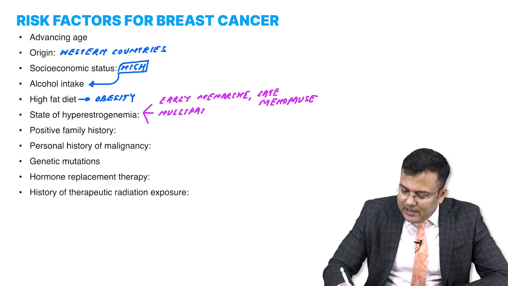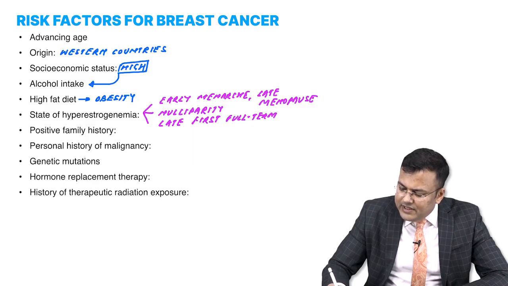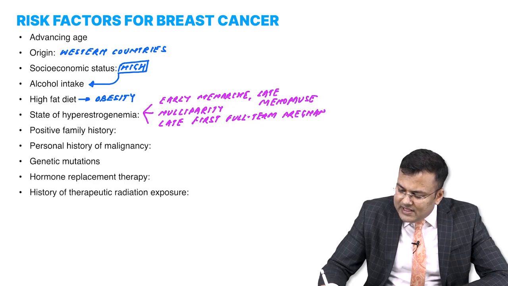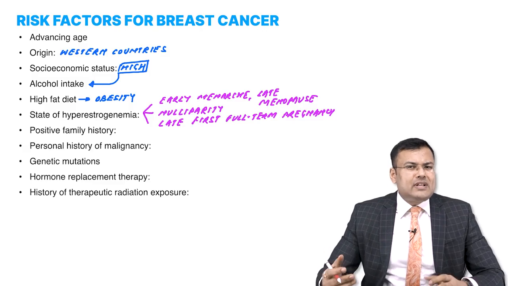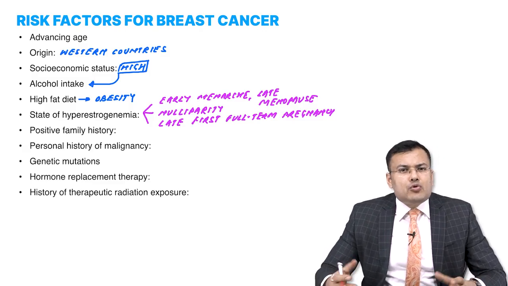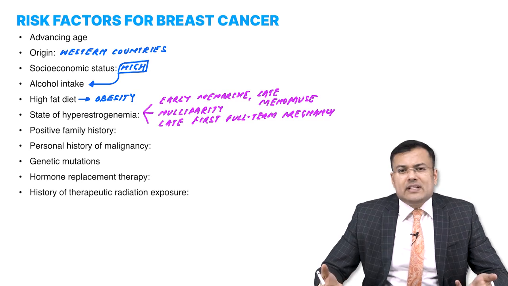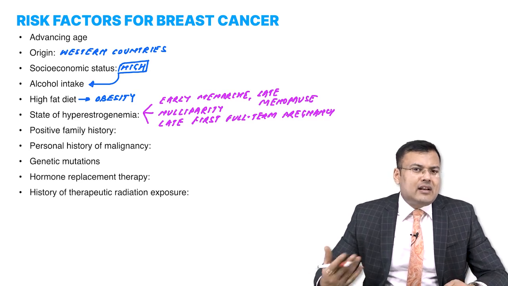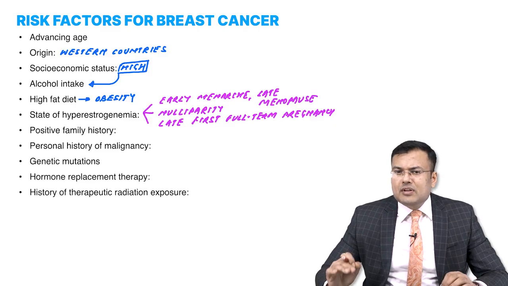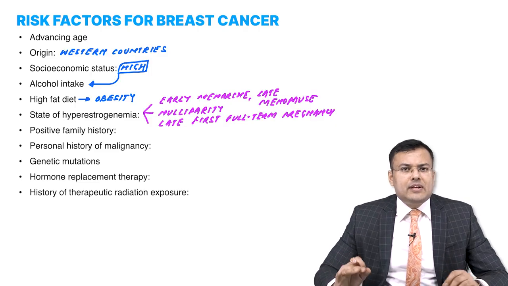And late first full-term pregnancy. You have seen lots of examples in Bollywood. Lots of actresses develop breast cancer. What is the age of marriage at present? Usually in high socioeconomic status, you have seen it is 30 plus. So early menarche, late menopause, nulliparity, late first full-term pregnancy: these are states of hyperestrogenemia.